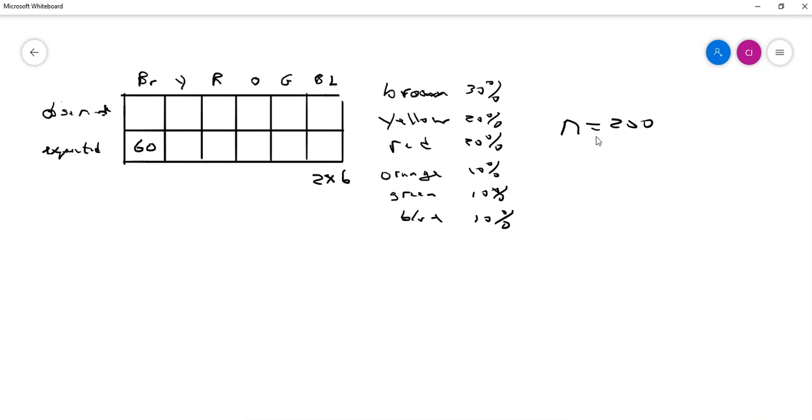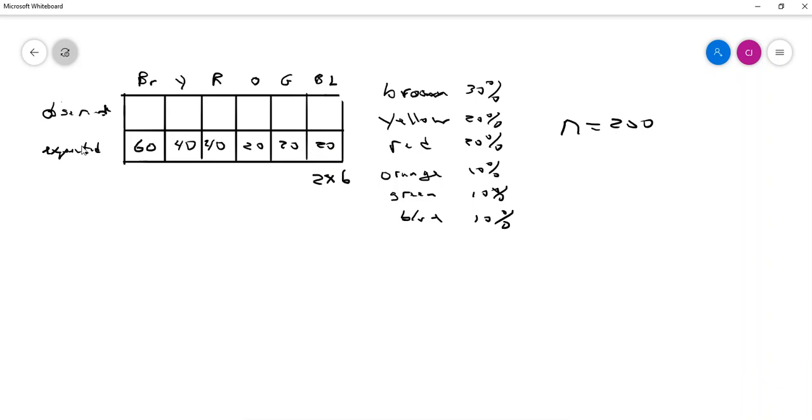And again, that's given. 20%, so 40 should be yellow. 20% are red, so 20% of 200, 40, 10% of each of these last ones. So 20, 20, 20. We're taking this times the sample size, right, to get these counts in here. And this all totals up to 200.